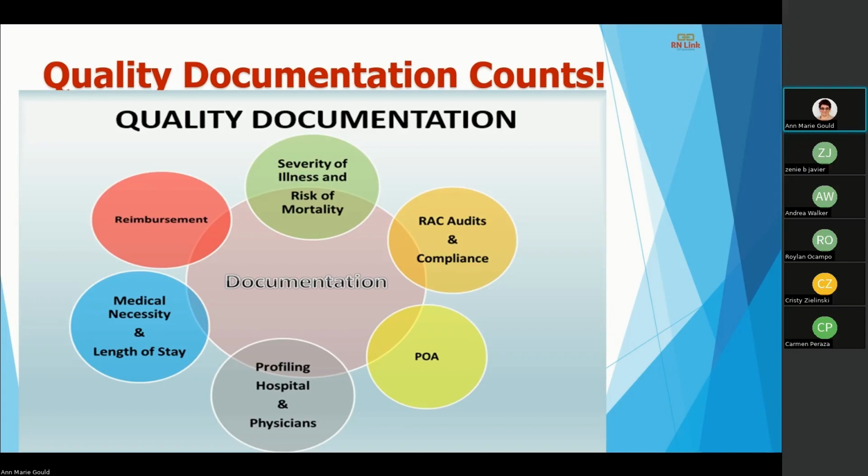If you get a RAC audit, they want these records for a specific DRG, then they're looking to take back money. That's post-discharge. They want to change the DRGs around. So you definitely want to keep an eye on, that's why you want quality documentation, diagnosis specificity. Your POA status, present on admission, is always important. And profiling hospital and physicians is always important as well.